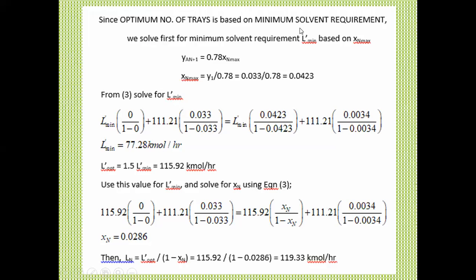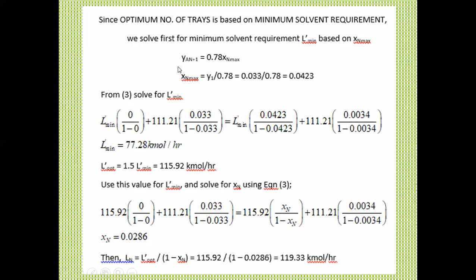When we solve the L minimum prime, that would be based on this particular component balance equation based on the inert amount of streams. But take note, class, that what you are determining is just the L prime minimum, not, shall we say, the true L. But anyway, in this case, our L prime is just the L because we don't have anything in our solvent, based on the Y sub n maximum.